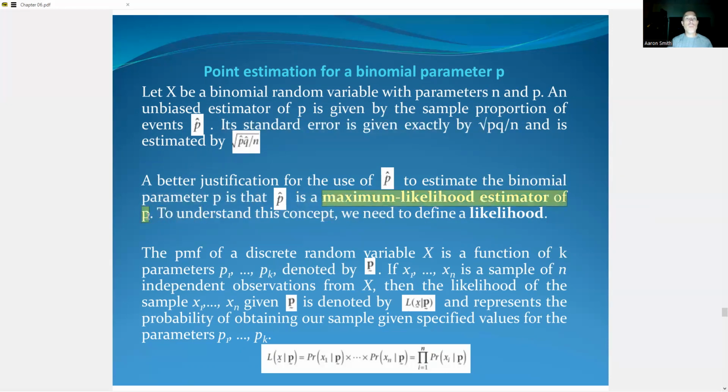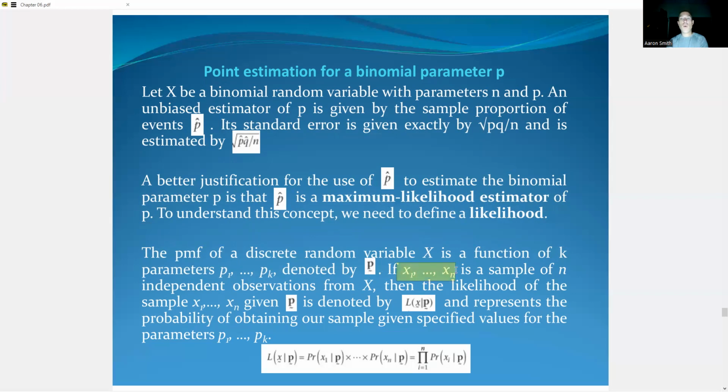All right, so to understand this concept, we need to define likelihood. The probability mass function of a discrete random variable x is a function of k parameters, p1, p2, p3, all the way to pk, denoted by f of x given p.